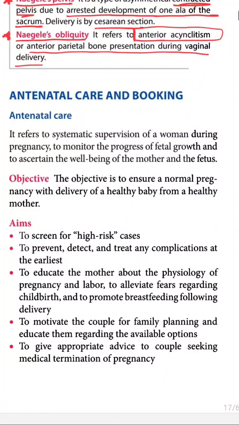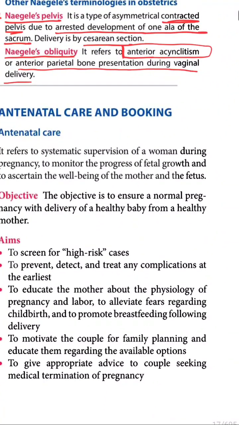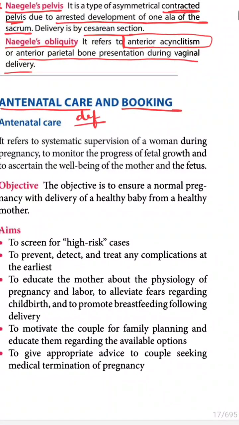So coming to what is antenatal care and booking. So this is very important, antenatal care and booking. So what is the definition of antenatal care?